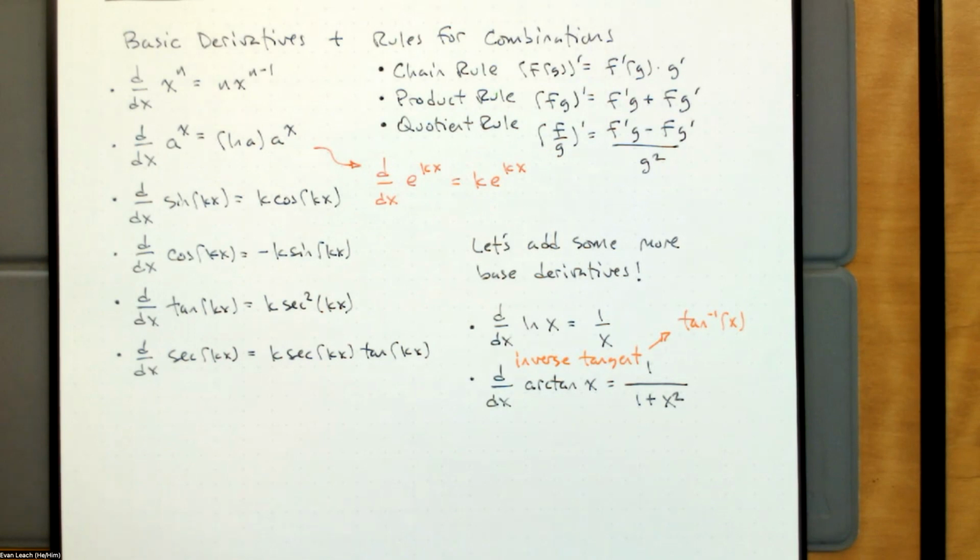This is not tangent to the -1 x. It's not 1 over tangent. This is an abbreviation for tangent inverse. If you want to say tangent to the -1 power, you have to say cotangent. If you want to say tangent to the -2 power, you can write tangent to the -2 power. But if it's tangent to the -1, you want to write cotangent, unless you mean inverse tangent.